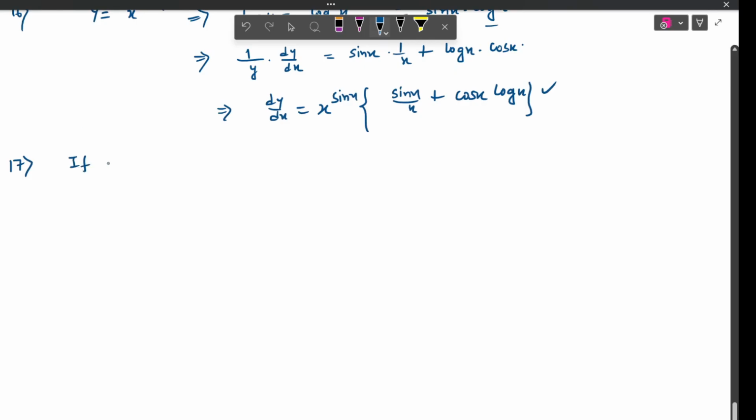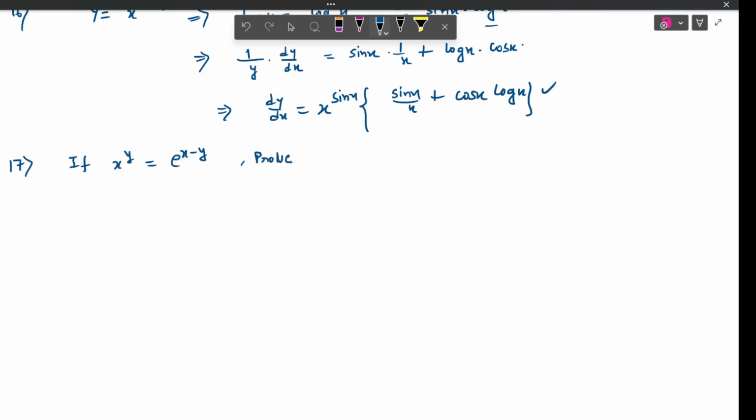If x to the power y is equals to e to the power x minus y, prove that dy by dx is equals to log of x by 1 plus log of x whole square.